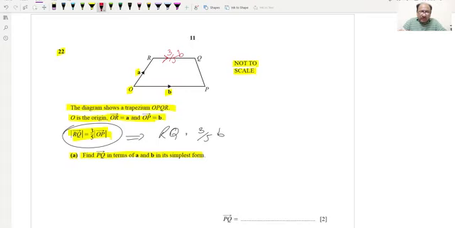Now we can find PQ, which will be in this direction, and which route we will be taking. We'll be taking this direction, then this direction, then this direction.